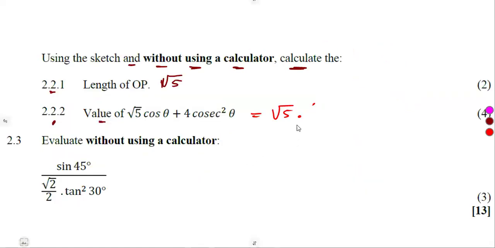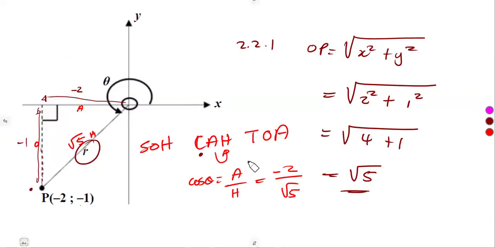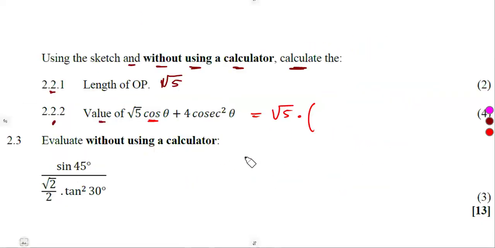So in place of that cos theta, we are going to substitute what we got, -2 over square root of 5. So this is -2 over the square root of 5 plus 4 cosec squared theta. Remember, cosec theta is 1 over sine theta. So when it is squared, it means also squared.